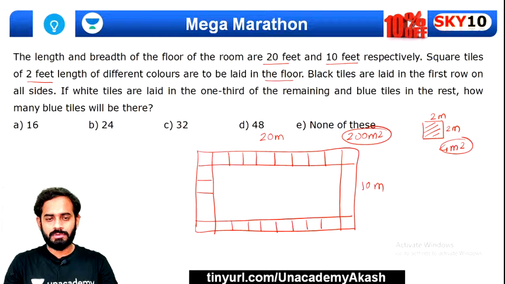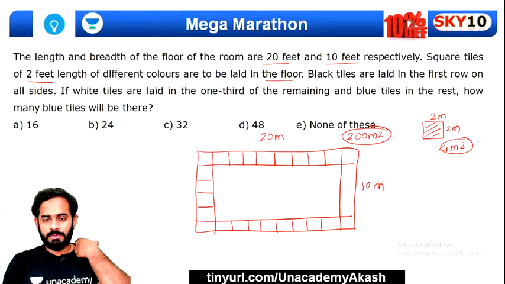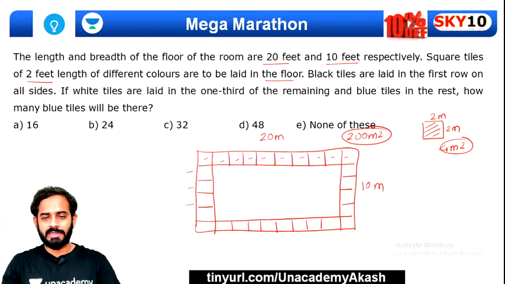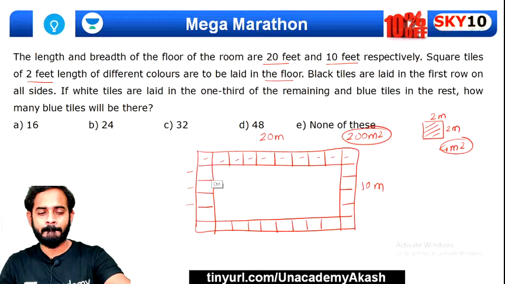So 1 2 3 4 5, 1 2 3 4 5 exactly. So how many black tiles are there? 1 2 3 4 5 6 7 8 9 10. Similarly 10 here and 10 here, total 20, 21, 22, 23. Wait a minute. Okay, there is a little mistake over here. Just a minute, guys.